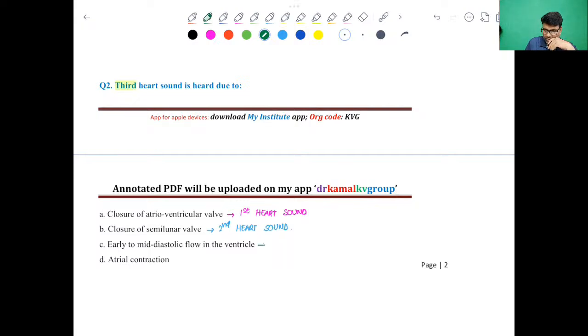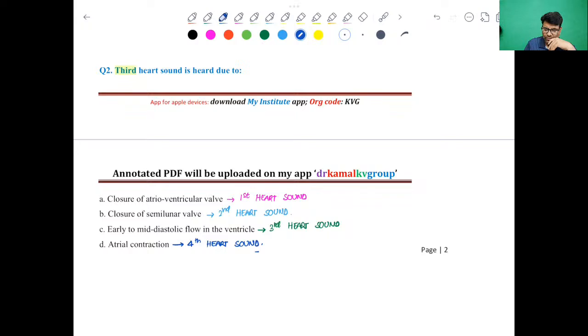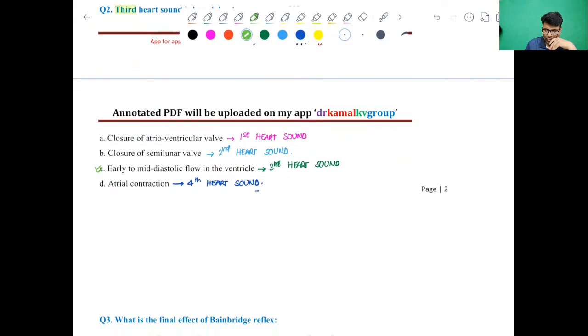One which is heard in the early part of diastole, this is the third heart sound, and the heart sound which is heard in the last moments of the ventricular diastole, which is because of atrial contraction, this produces the fourth heart sound. Clear? So first heart sound, second, third and fourth heart sound. So third heart sound is because of early to mid diastolic flow in the ventricles.